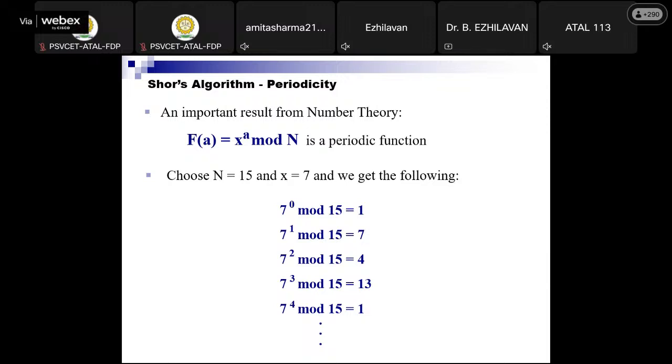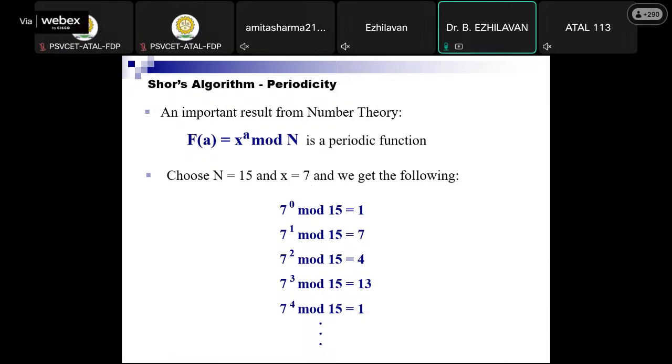First, let's see Shor's algorithm periodicity, in which f(a) equals x power a modulus n is a periodic function. For this, now we are taking n equal to 15 and x equal to 7 modulus.